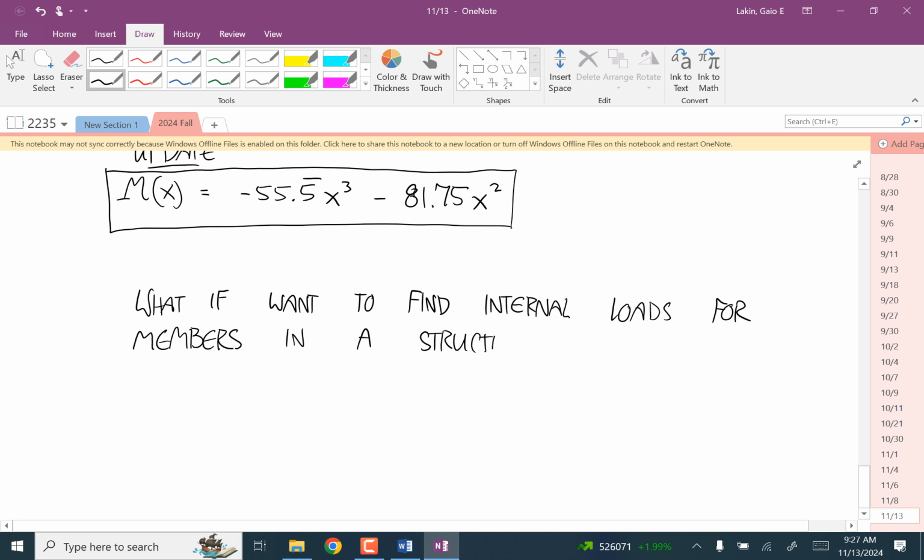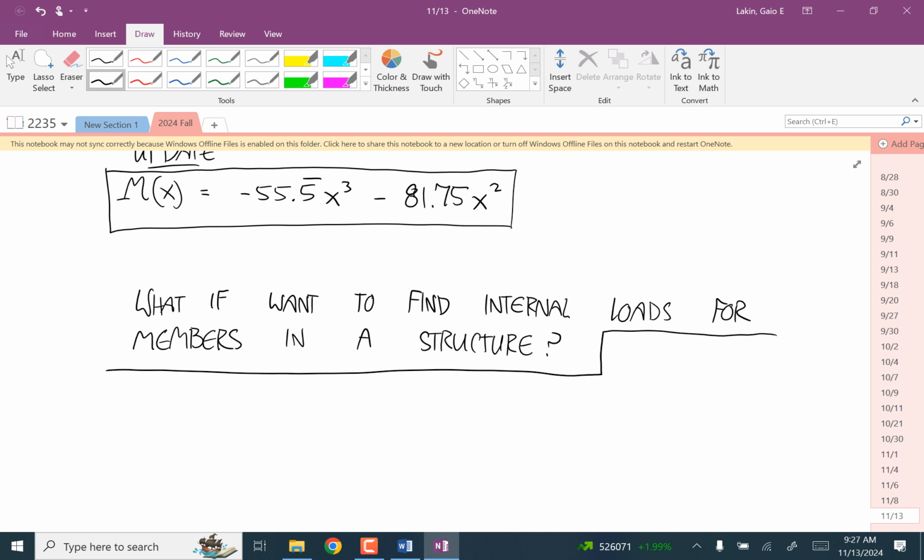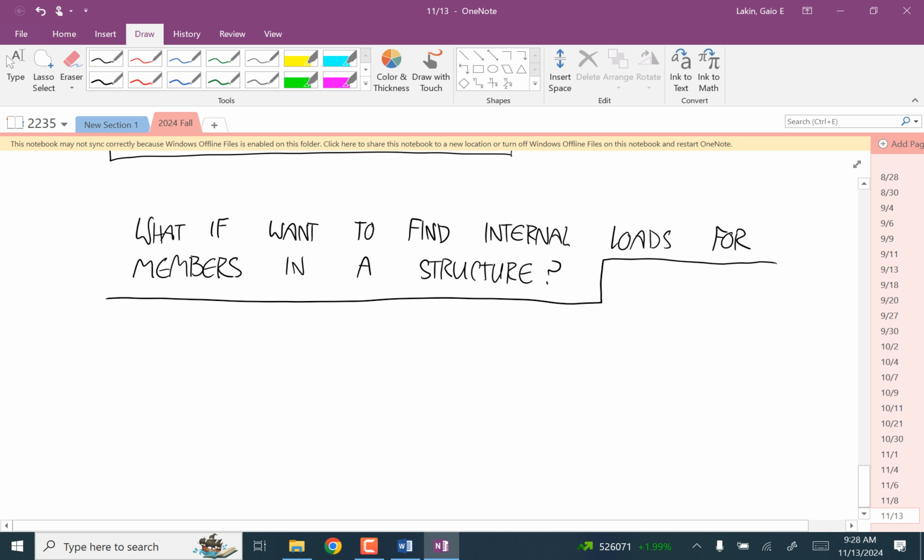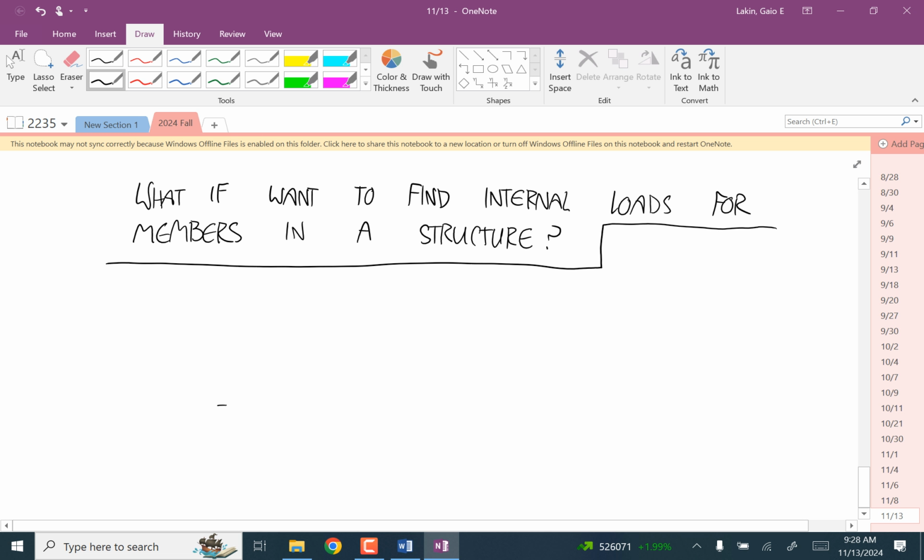I mean, that seems like a pretty obvious thing to want. You calculate the external loads in a structure so that you can figure out what kind of materials you need for this thing not to break, and calculating internal loads is a big part of that. So what if you have something like this?